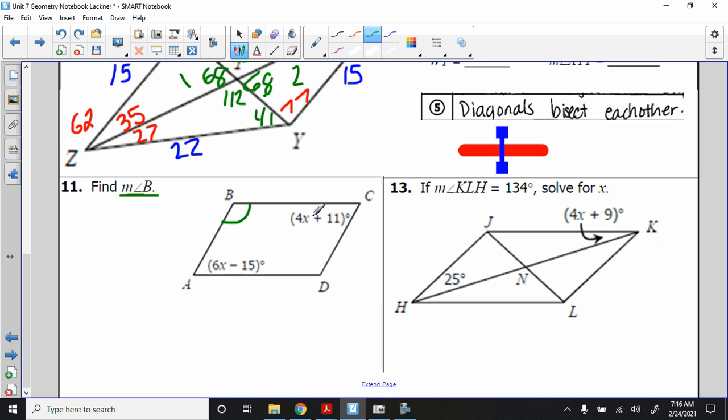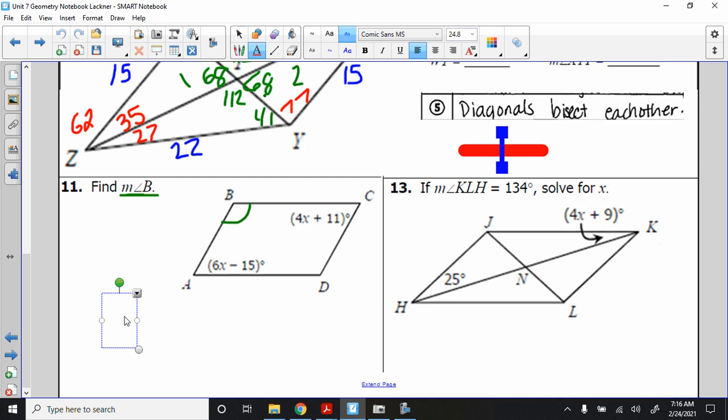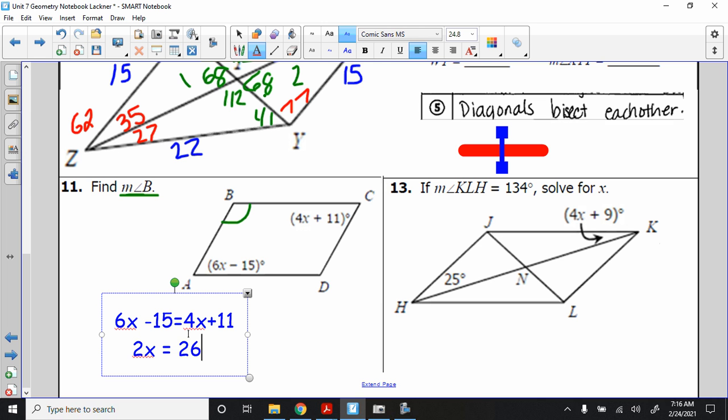These two angles are equal to each other, so that's how we'll solve this. So we'll say 6x minus 15 equals 4x plus 11. And that will get us 2x equals 26. And now x is 13.